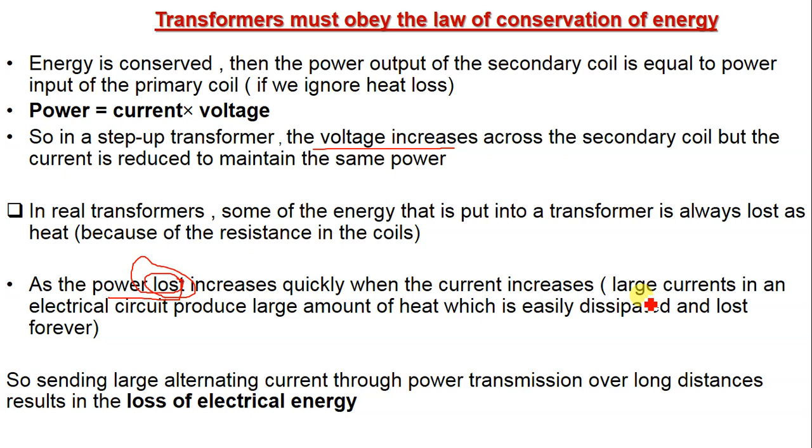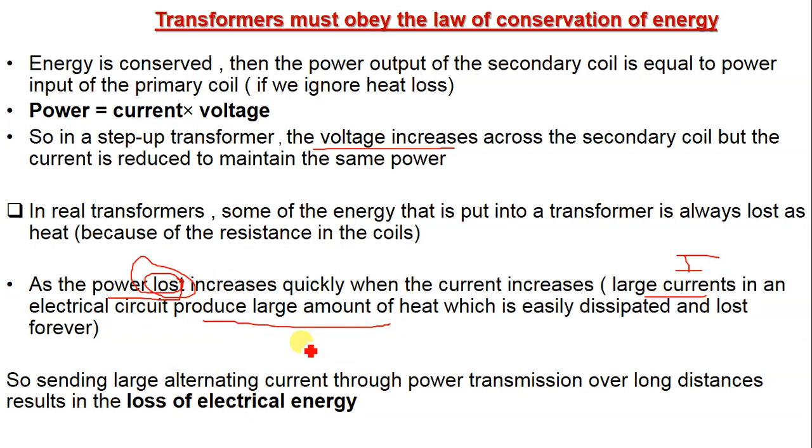So always large current in an electric circuit produces large heat, and this heat can be easily dissipated, lost forever. So sending large alternating current through power transmission over long distances results in the loss of electrical energy.